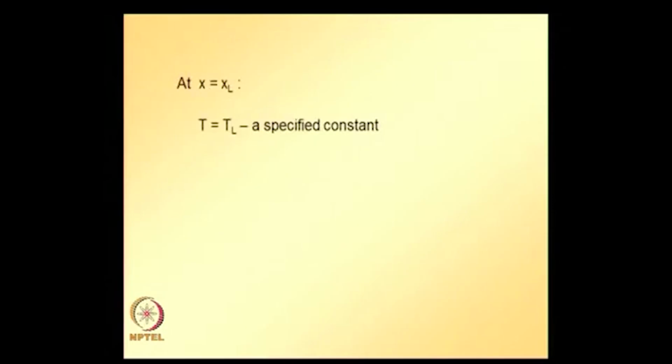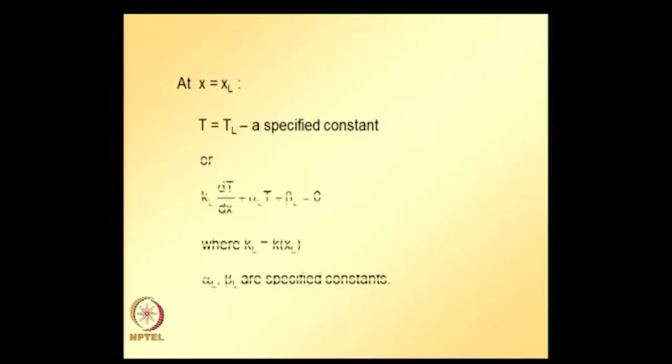At x equal to xl, t equal to tl, a specified constant, is the essential boundary condition, or a natural boundary condition can be specified, where kl is k evaluated at x equal to l, and alpha l and beta l are constants. So this is the problem definition.